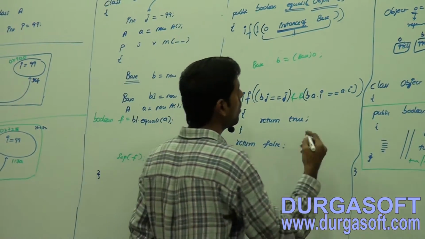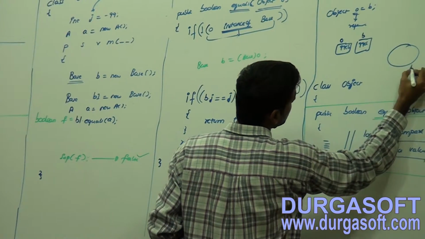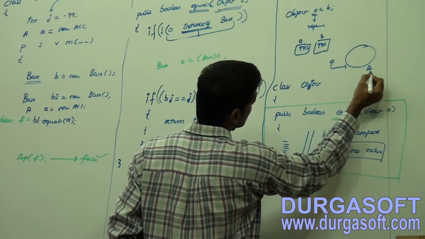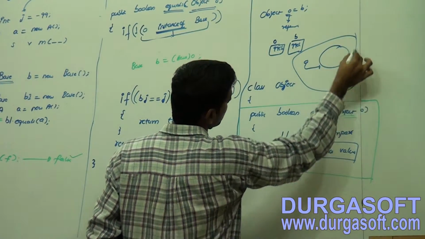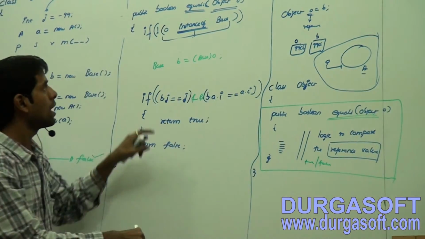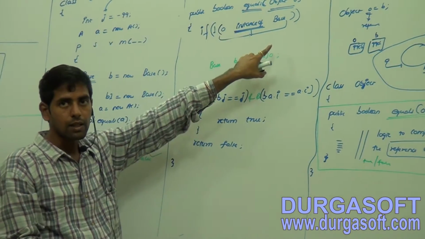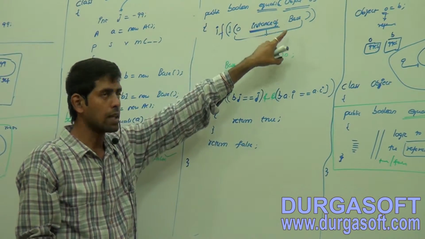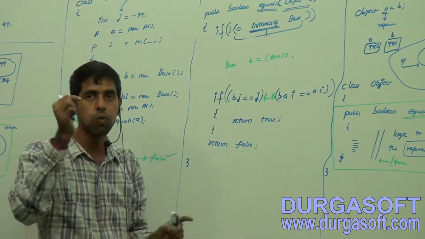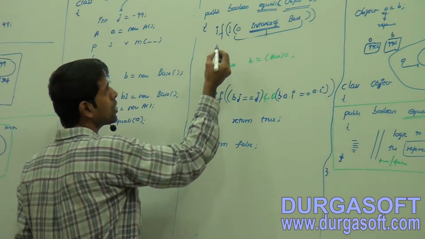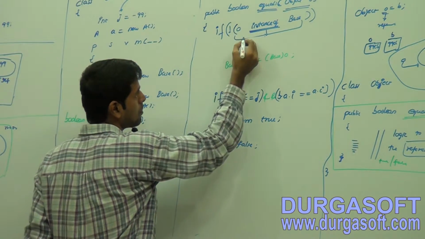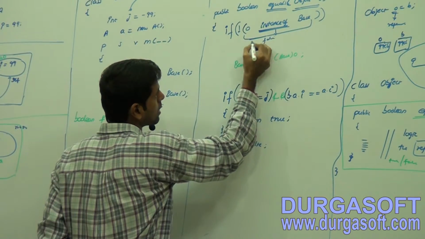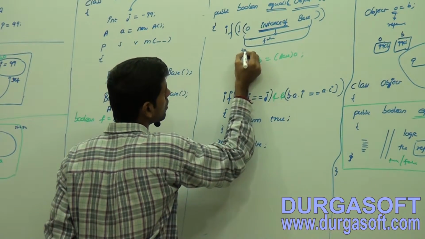Now o will be referring to an object of type A. Now o instanceof Base: it is not an object of Base. So it will return false. Once again, applying the complement operator, the entire result will be true.